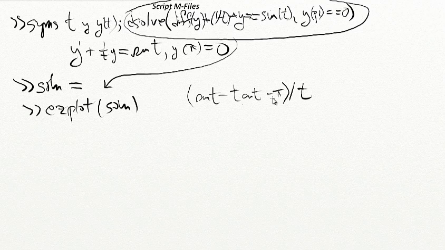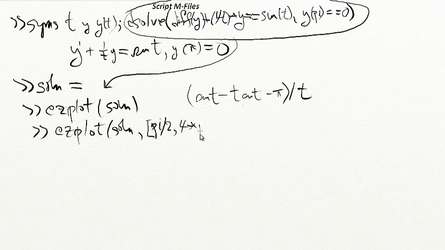Now, ezplot decides to plot that function on an interval which contains 0. And so the graph you get is not really the one you are interested in, and so you really need to issue yet another command of the form, let's say, ezplot solution, let's say on the interval pi over 2 to, say, 4 pi.